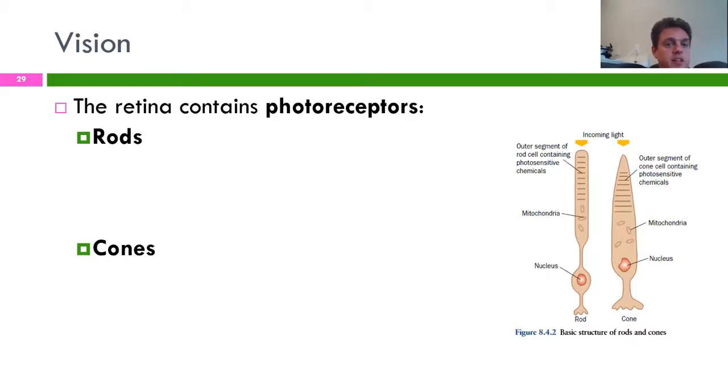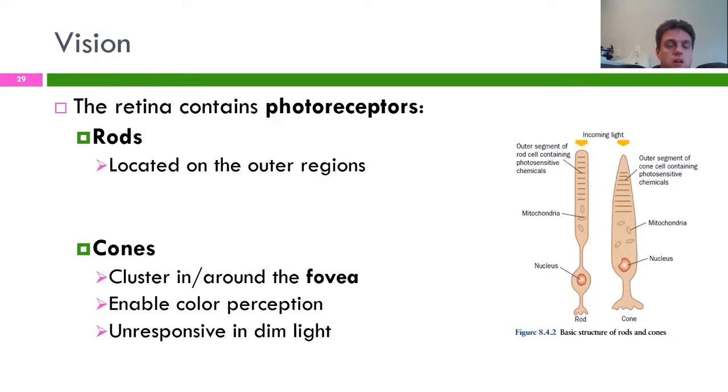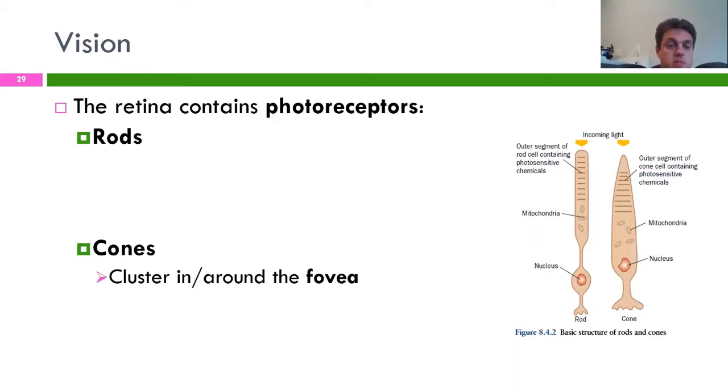So the retina actually contains two different photoreceptors. One is going to be called rods, and one is going to be called cones. Okay? The cones are basically going to be clustered around what's also called the fovea. So this is going to be more central in your vision.